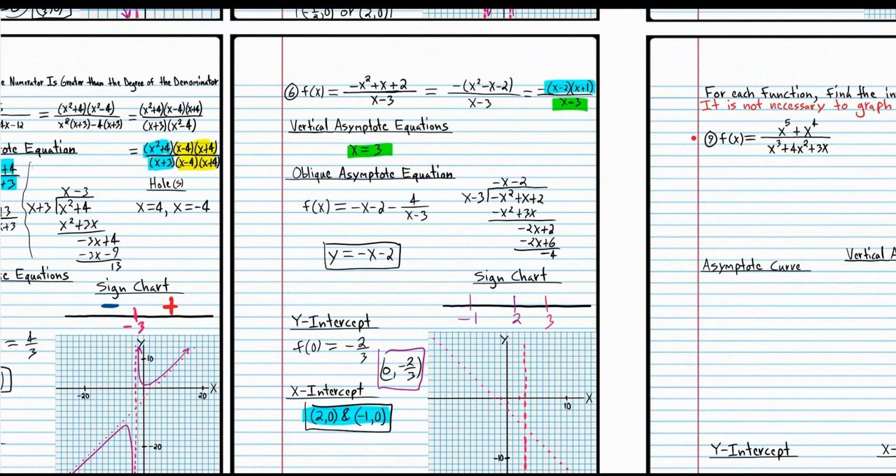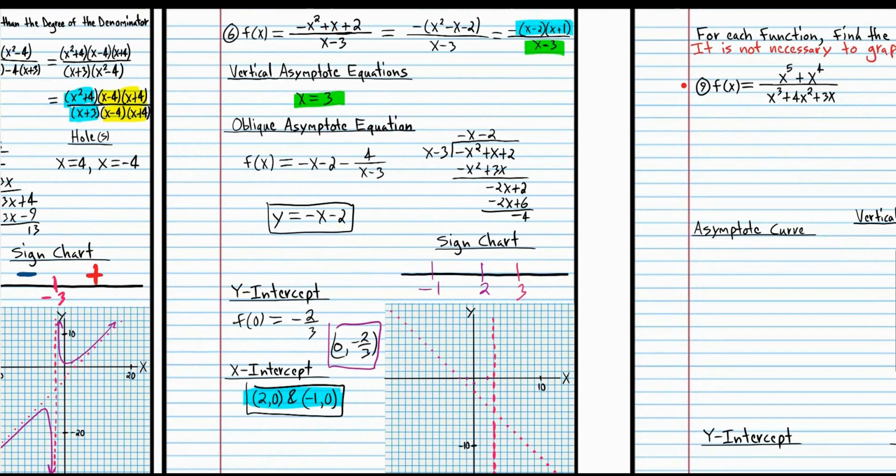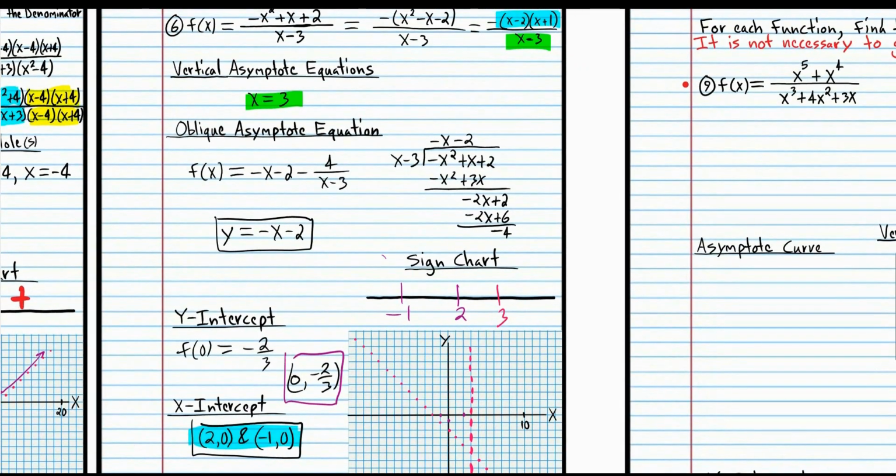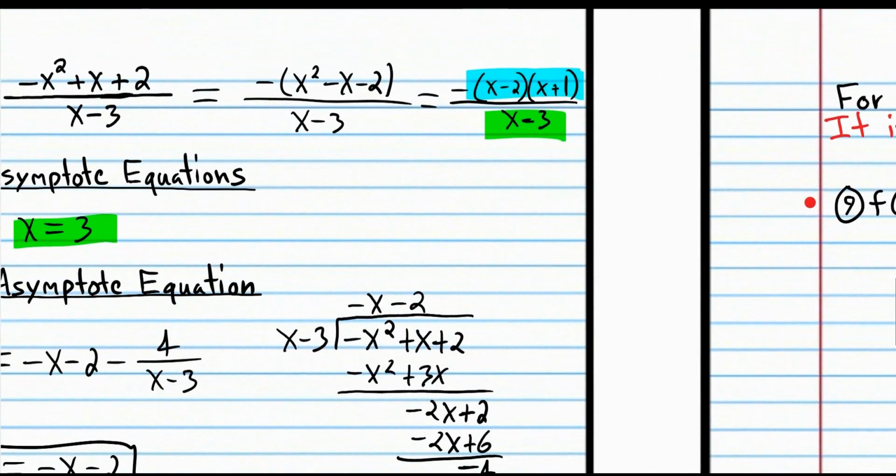We can plug it into this expression here, and we get 4/5. So let's plug in negative 2 for this region up here, and we'll plug it into the factored form of the expression, and we get the following.